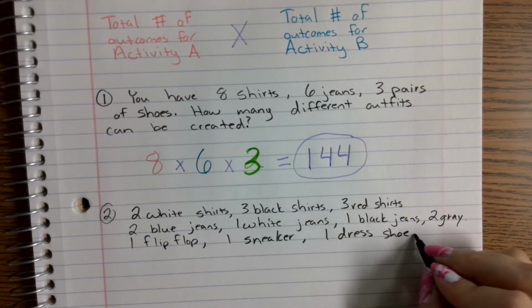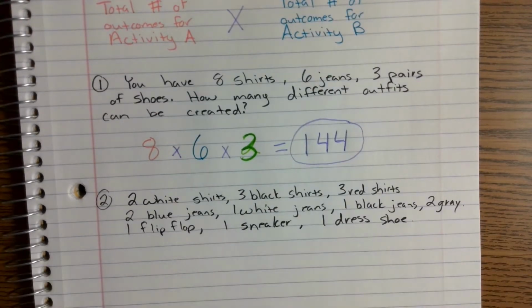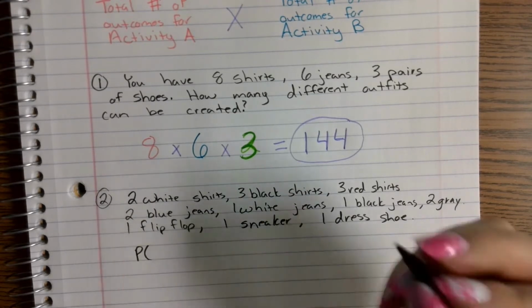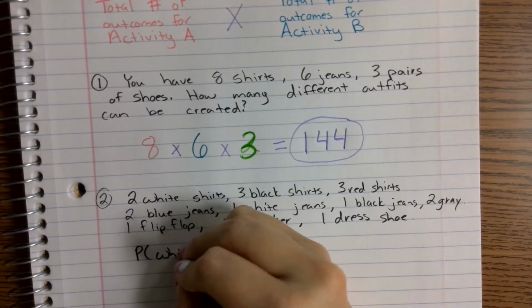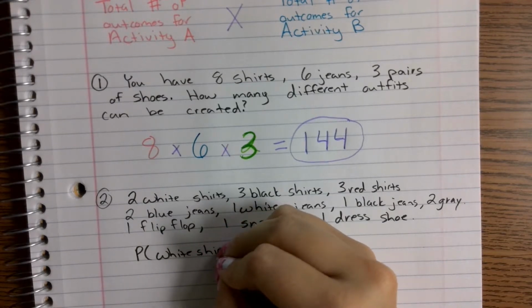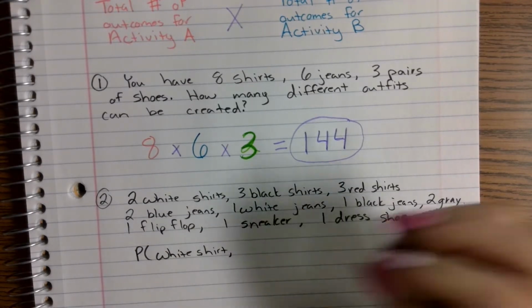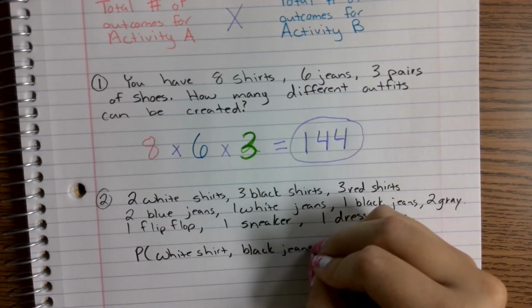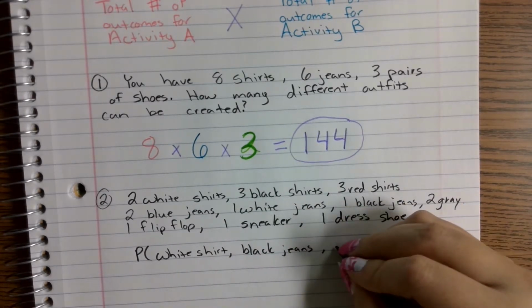Now I've broken down exactly what I have within those categories. I want the probability that I'm going to choose a white shirt, black jeans, and dress shoes.